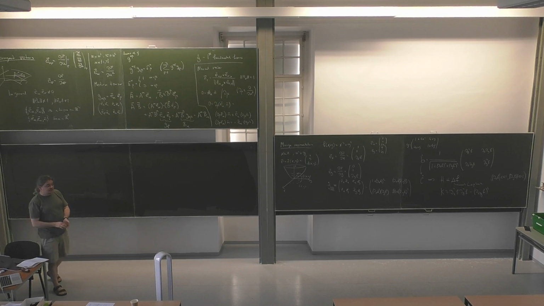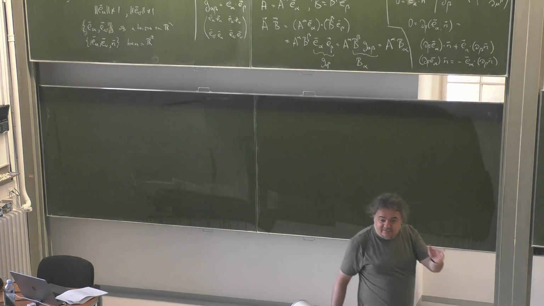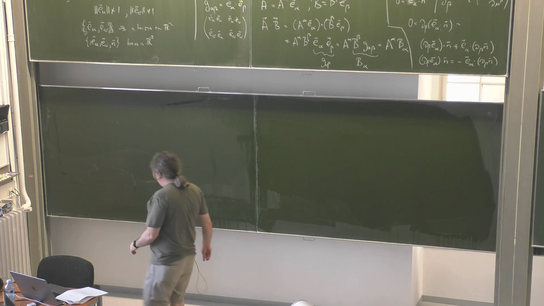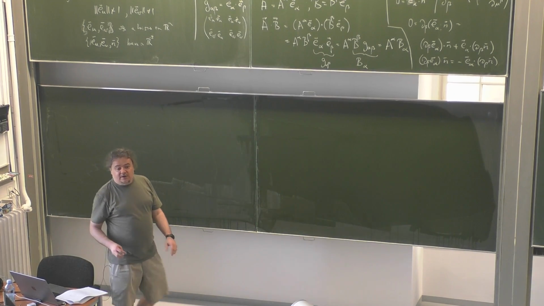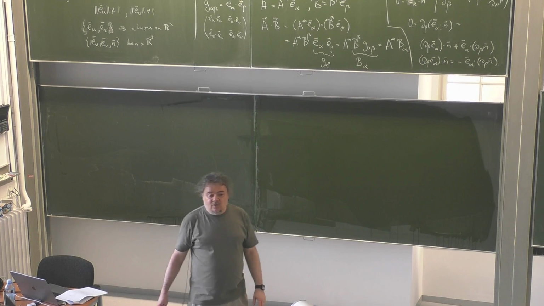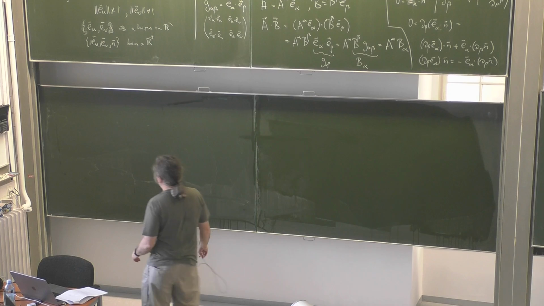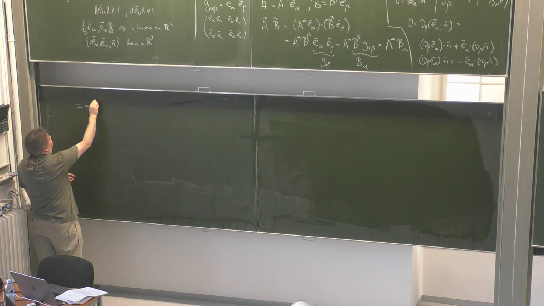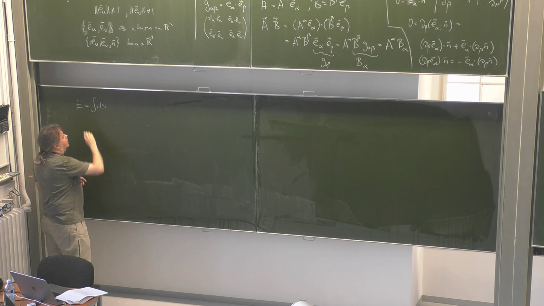So Helfrich, a German physicist, around 1975, 1976, I might be off by a few years, wrote a beautiful paper where he analyzed the bending energy of a lipid bilayer, right? And then he just said that the energy of this object is an integral over the area.